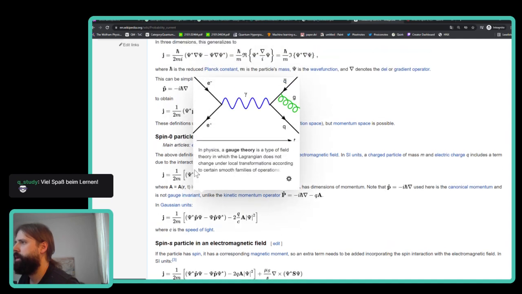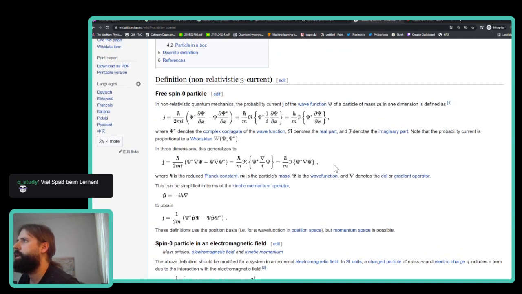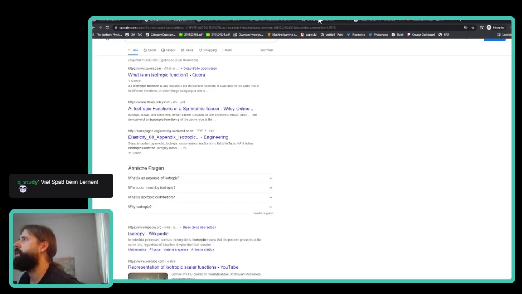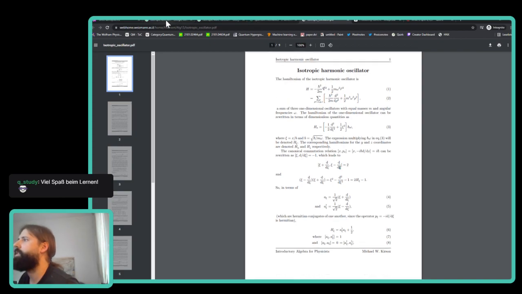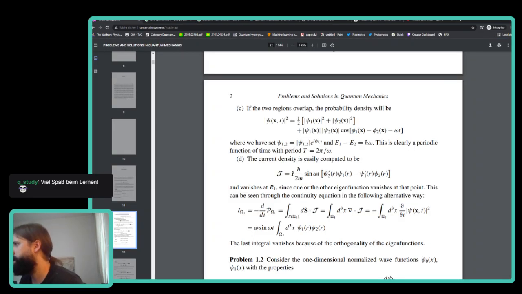Why? How do I even know that? Now it was 3 current. So what is the function? Isotropic oscillator. I guess the thing is, I went ahead of myself by just expecting that to be, so I just didn't know where that formula is coming from.